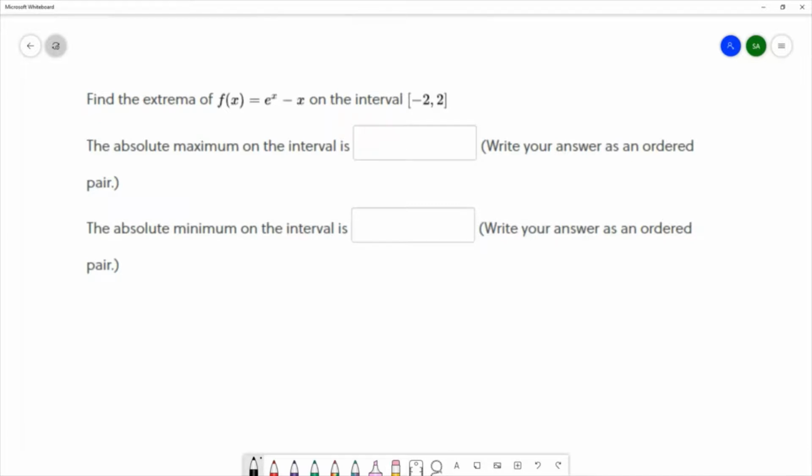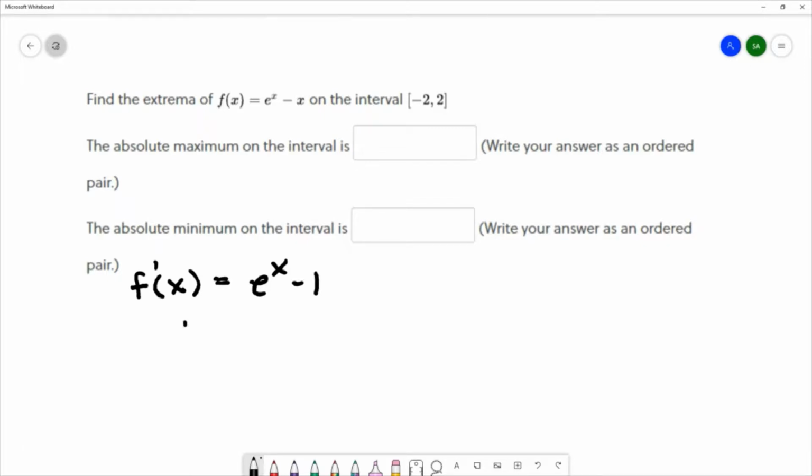So what we want to do is find the critical numbers. So I'm going to calculate the derivative of our function, e to the x minus x. The derivative of e to the x is e to the x, and the derivative of x is 1.